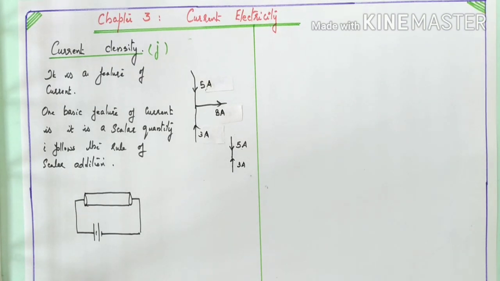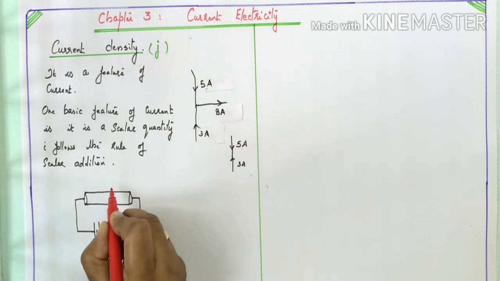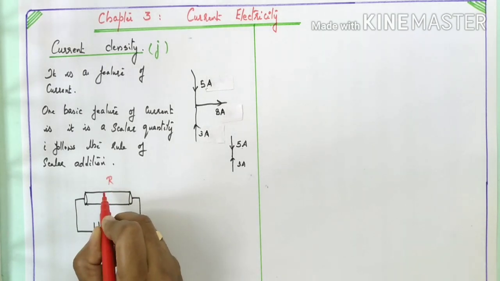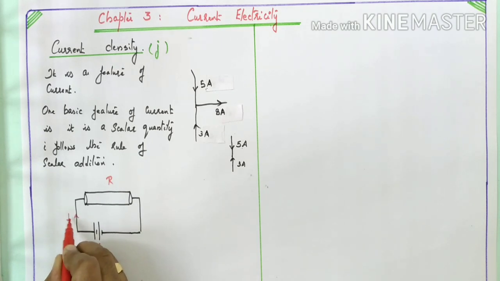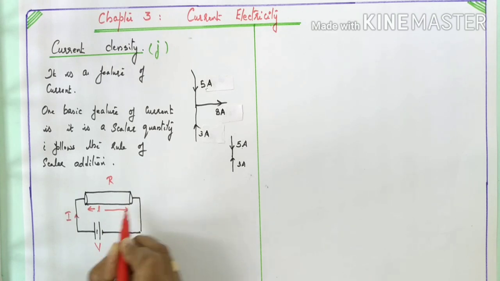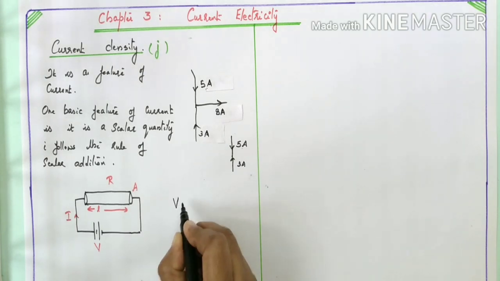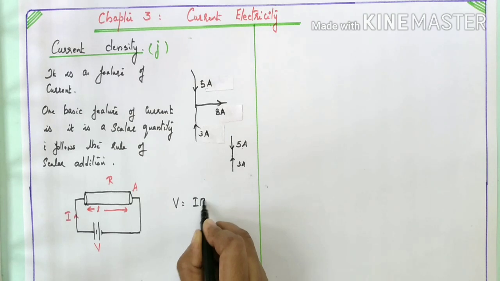Let V be the potential difference, R be the resistance of this conductor, I be the current flowing through the conductor, L be the length of the conductor, and A be its area of cross section. Now from Ohm's law we can write V equals IR.